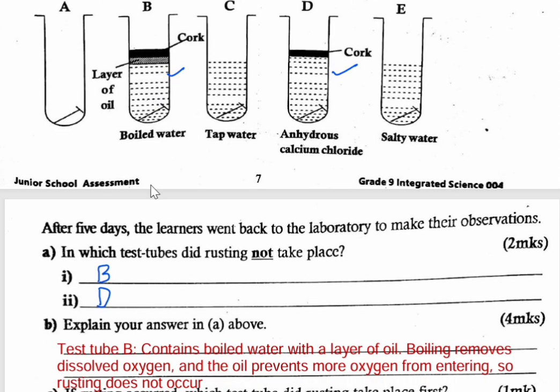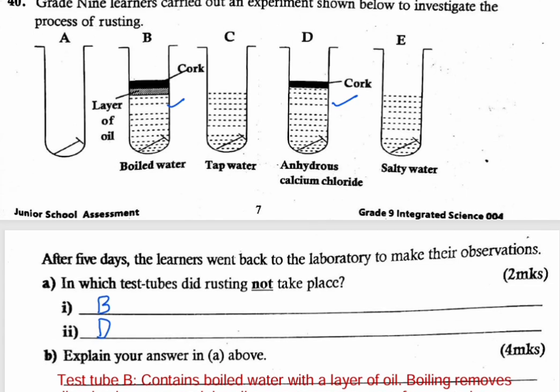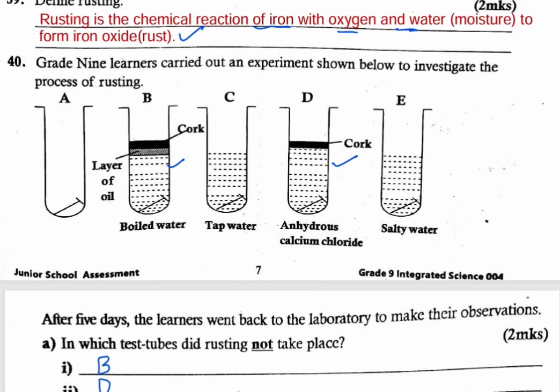So test tube B contains boiled water with a layer of oil. Boiling removes dissolved oxygen, and the oil prevents more oxygen from entering. So rusting does not occur in test tube B. Let's go to the reason why we chose test tube D. So here in D, you can see we have anhydrous calcium chloride. The function of this is to absorb any moisture present.